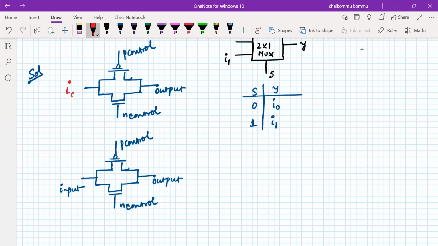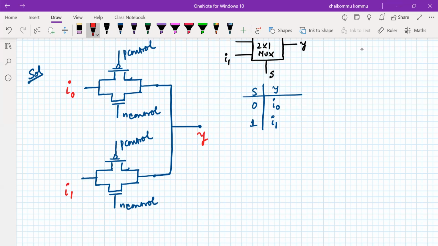I want to write it here. Another input is here, called I1. Fine. Now the output must be a single data, only one output. That means the outputs of these two must be short circuited, as simple as that. So take these 2 points and connect them, something like this, and take a common point called Y.